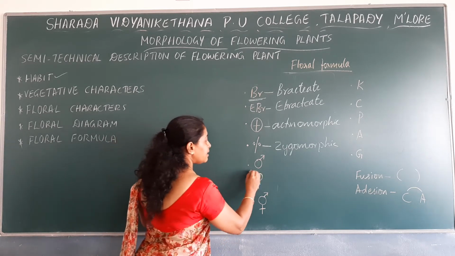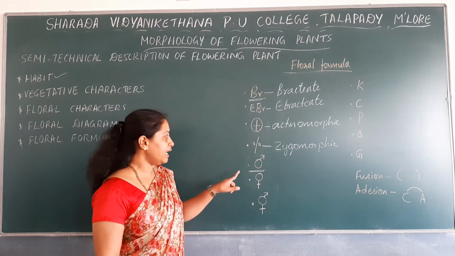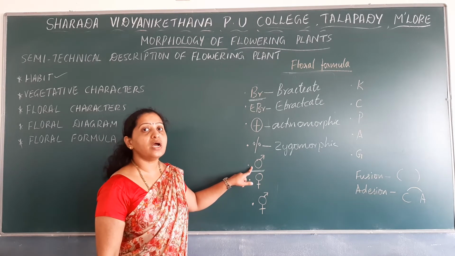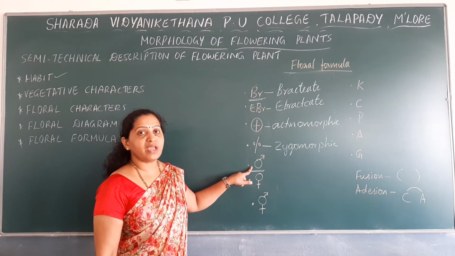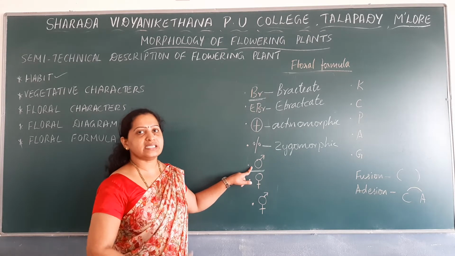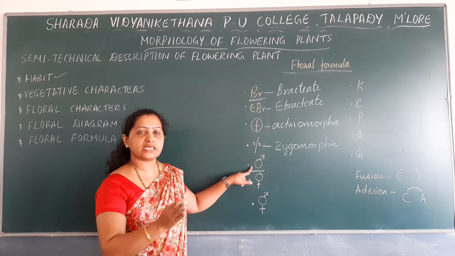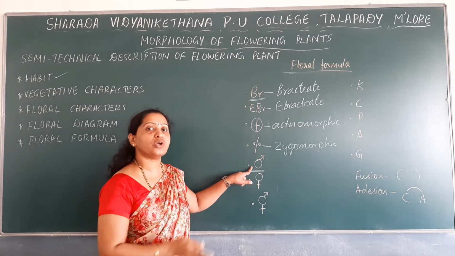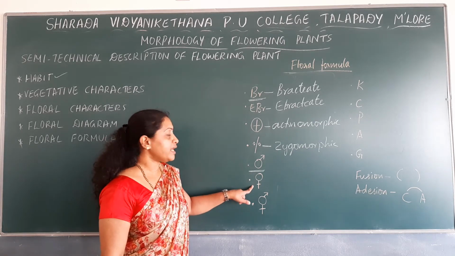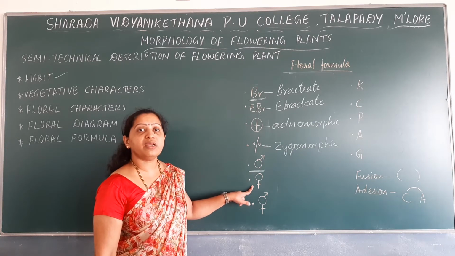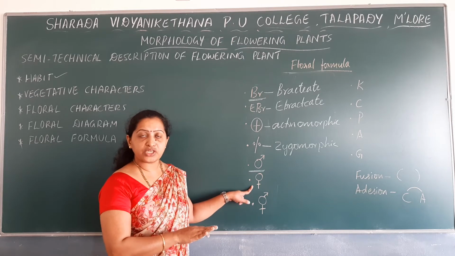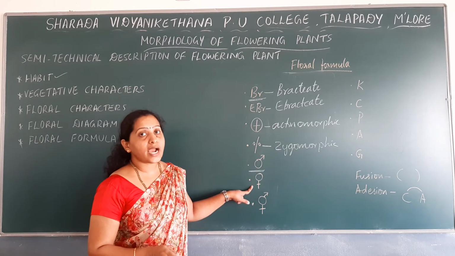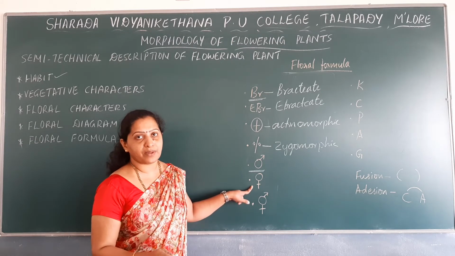This is the symbol that represents a unisexual male flower. A male flower has only stamens, that is, androecium, whereas a female flower lacks androecium and has only gynoecium, that is, carpels.